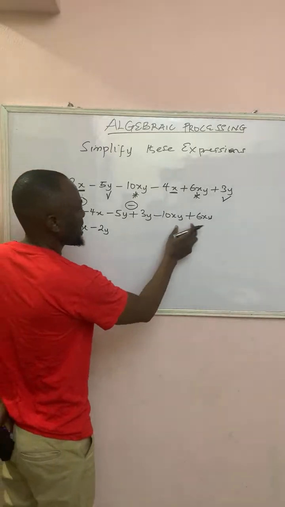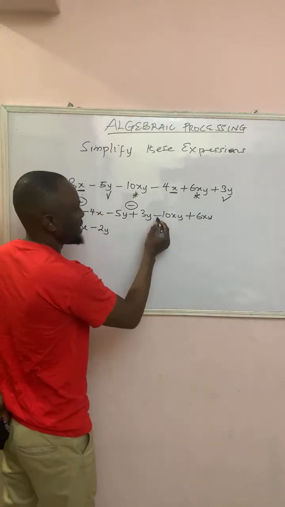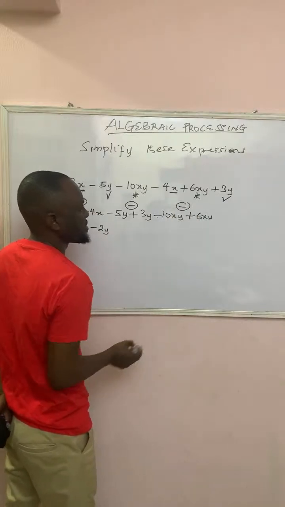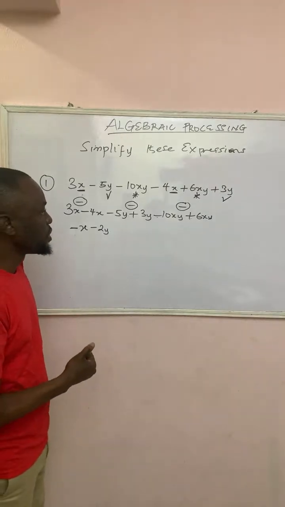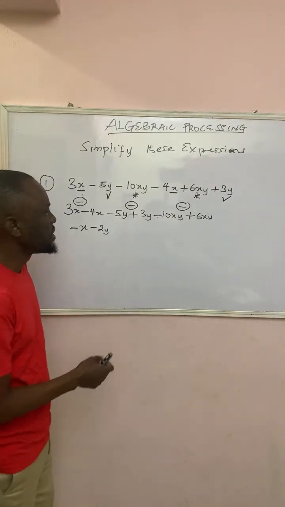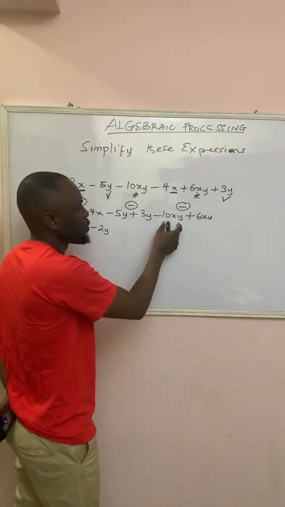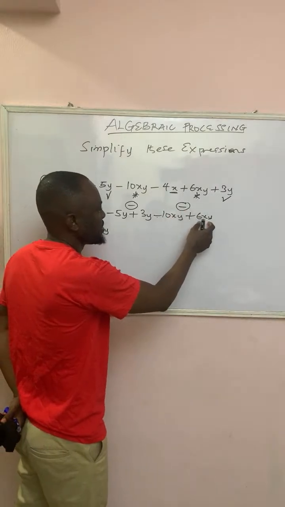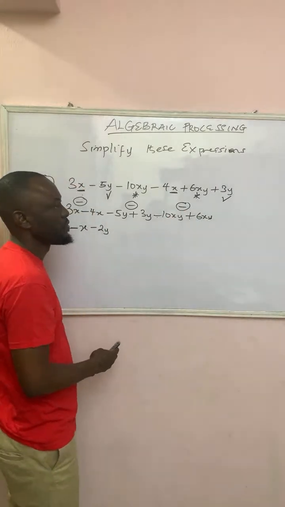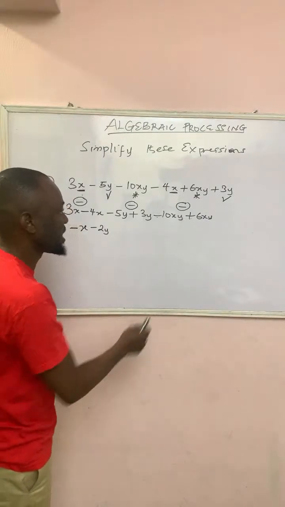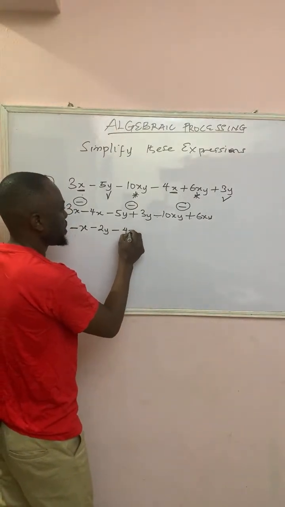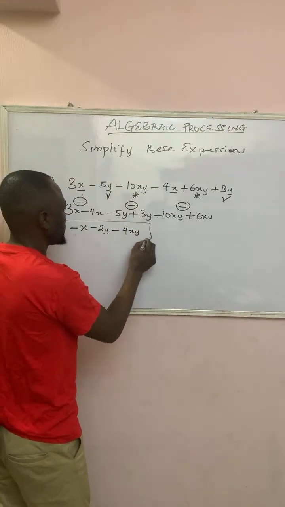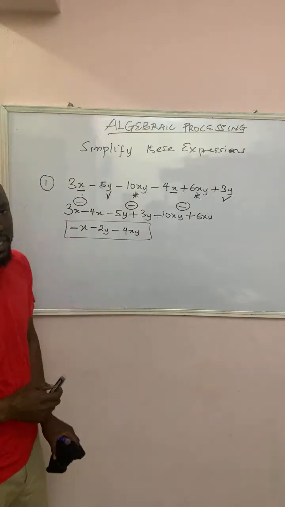All right, so for the last set, minus plus is minus. The signs are different, so the operation will be subtraction. So 10xy minus 6xy will give us 4xy. Then we'll attach the sign of the bigger number to the result. We have minus 4xy. So this is the result for that.